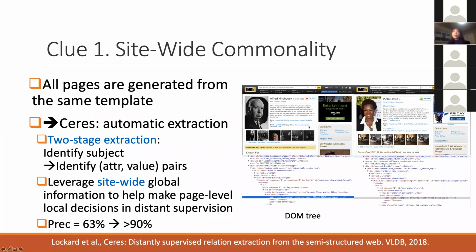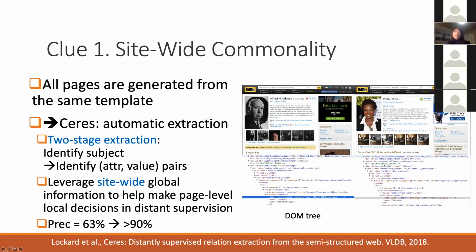For example, on this web page, it is Alfred, and on this web page, it is Viola. And after we decide the topic, in other words, that will be the subject of all of the extracted triples from this page. We then find the attribute value pairs for this subject.